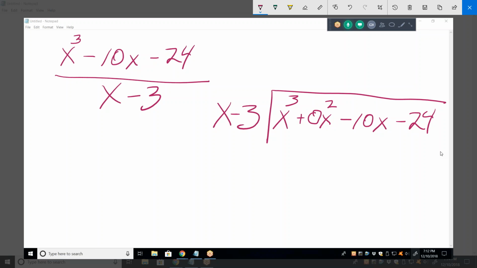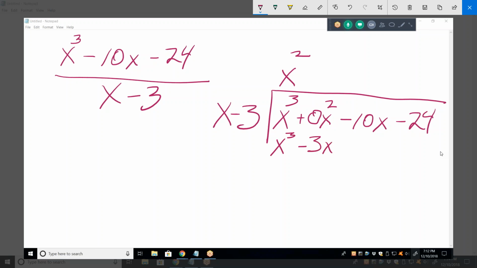Okay? Now what's the first step? Divide x cubed by x. Perfect. What do you get? X squared. Second step? Multiply the x squared by x and negative 3. Good. What do you get? X cubed minus 3x squared.